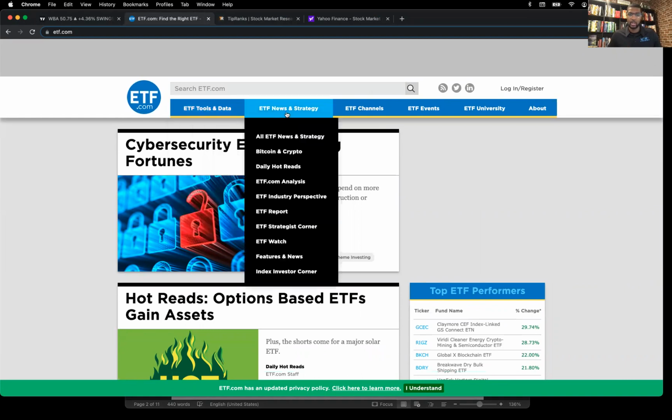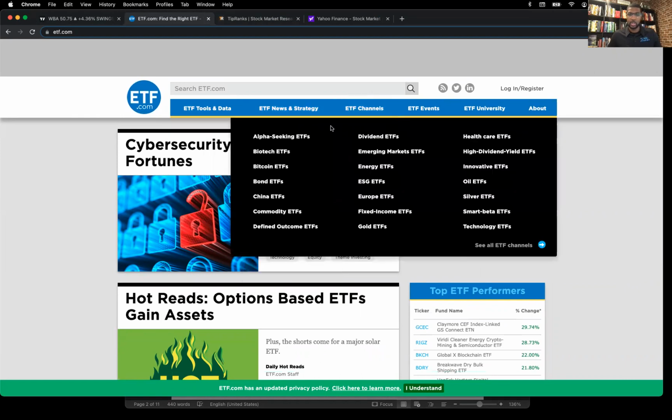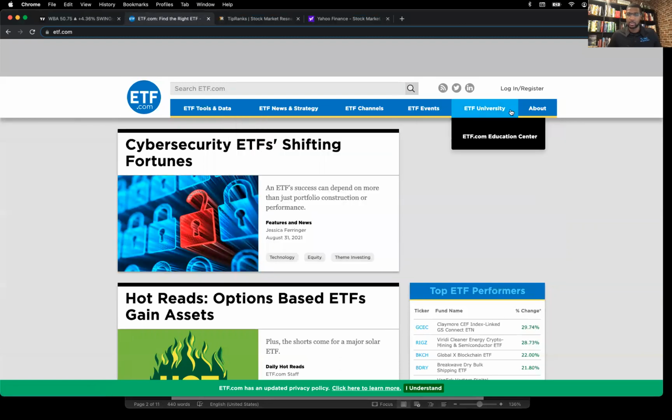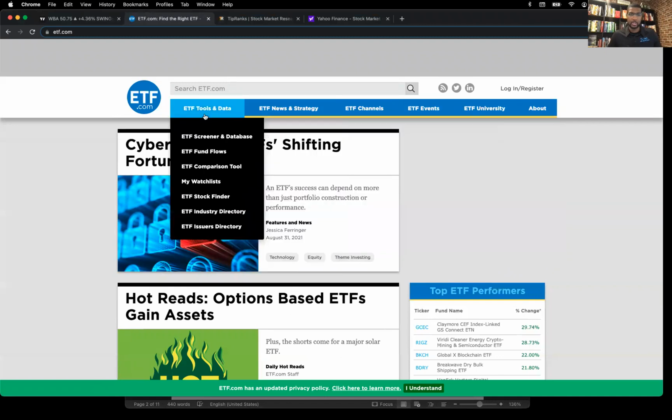So just real quick, we're looking for sectors. Here you can see a few, but we want to get direct and find the ones that we are searching for.